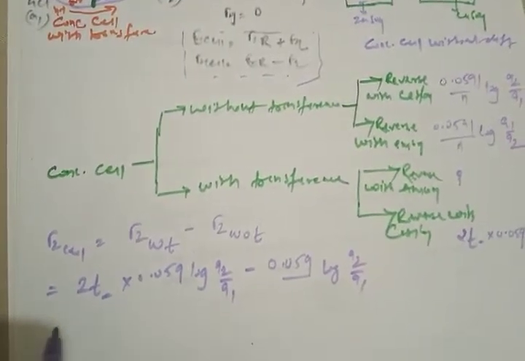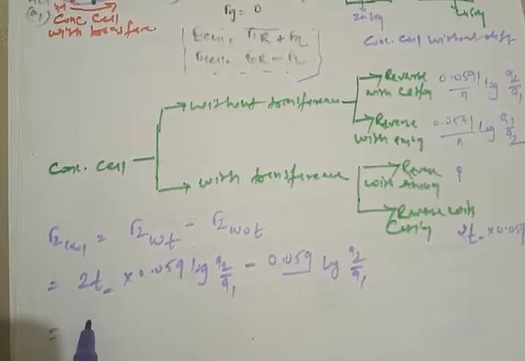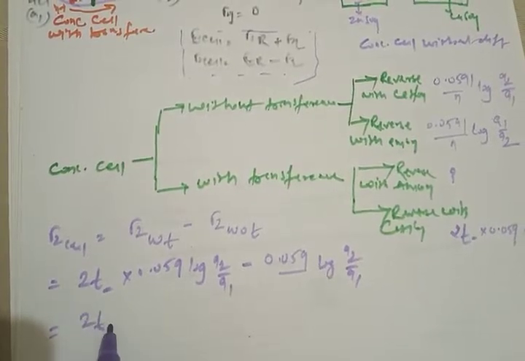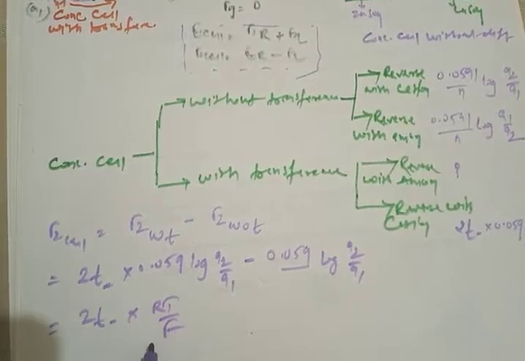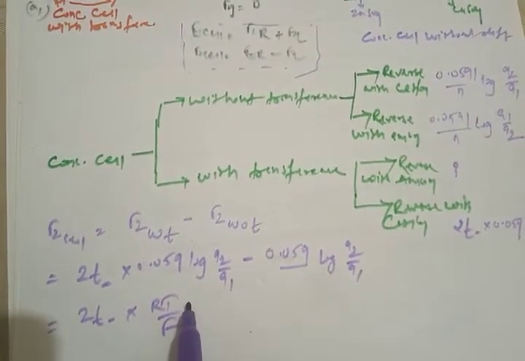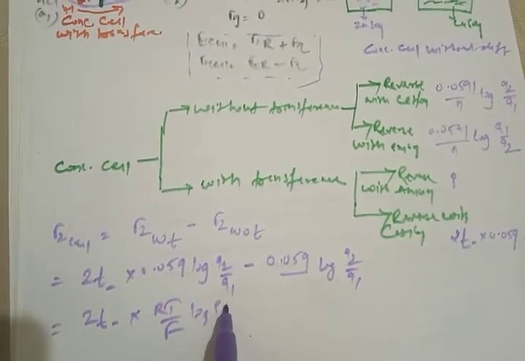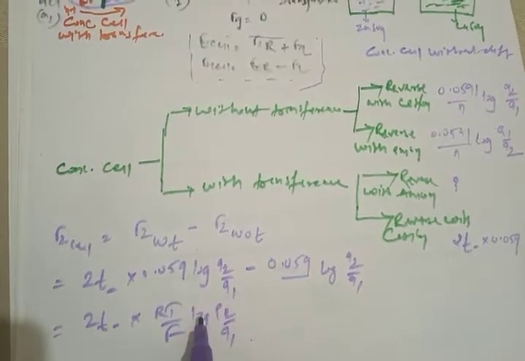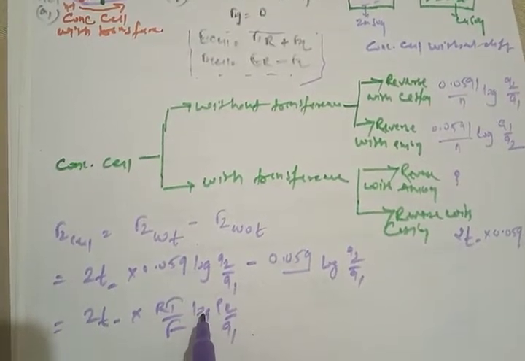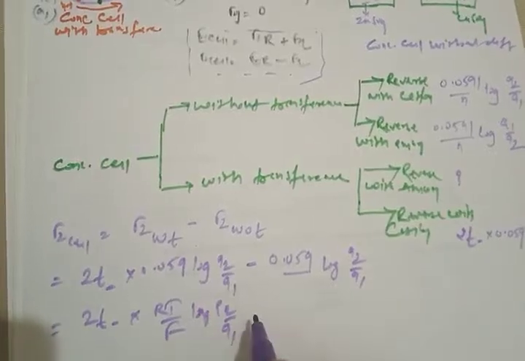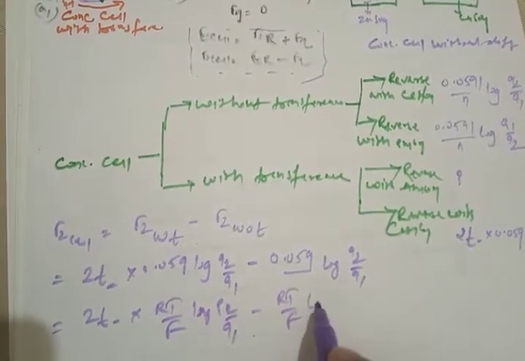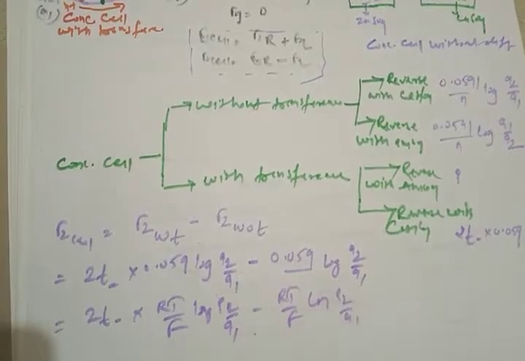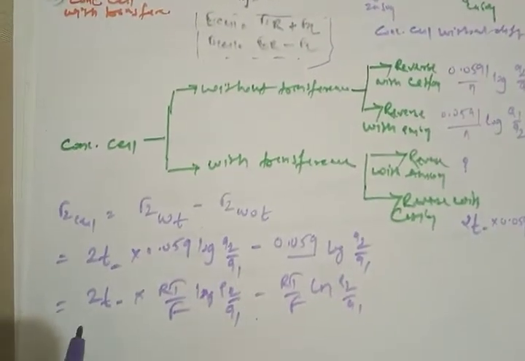If you convert this again into the form of RT upon F, the value will be RT upon F, with n being 1, times ln A2 upon A1, minus RT upon F ln A2 upon A1.